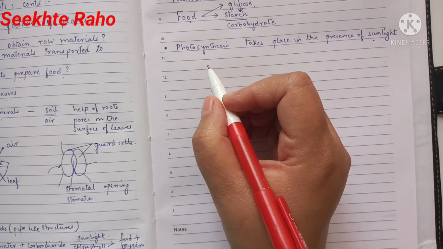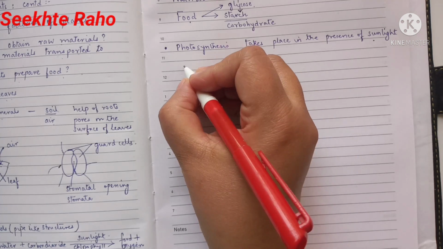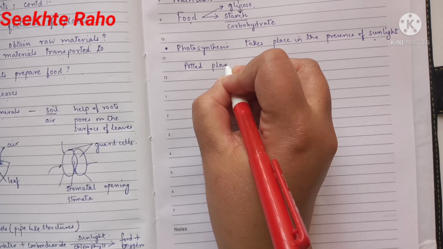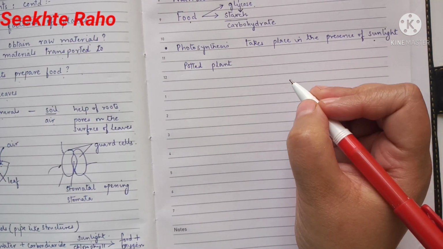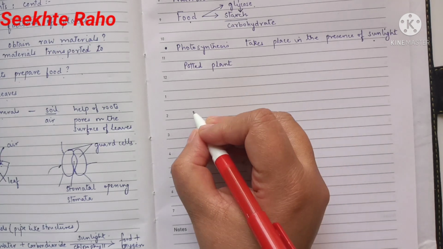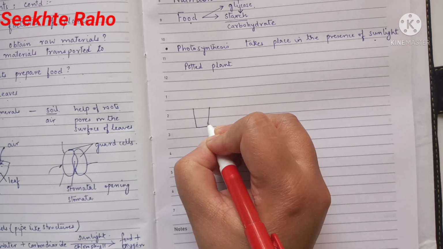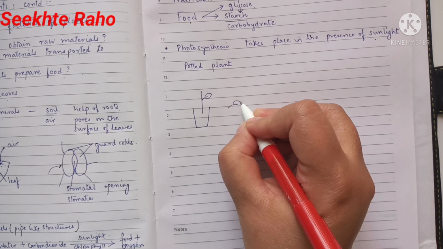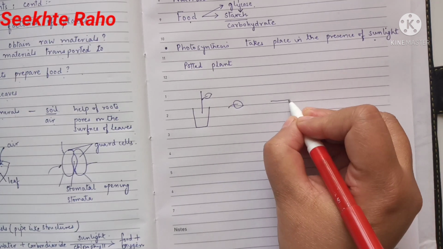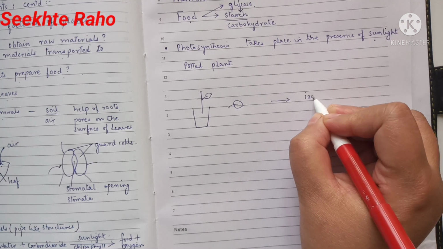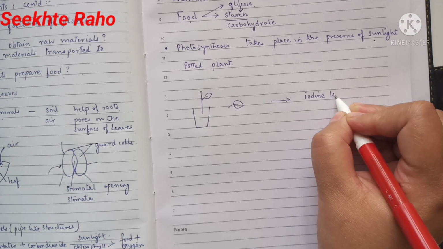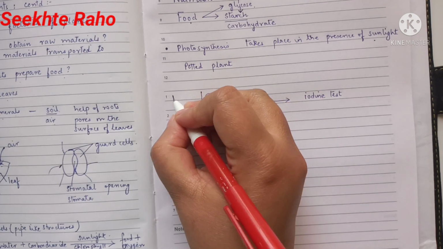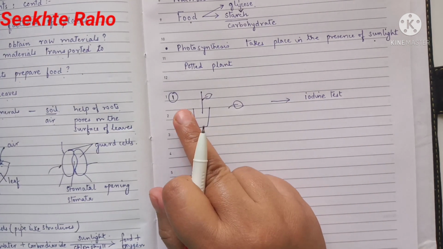Children, for this activity, we need a potted plant. A potted plant is a plant in a pot, right? Now, we will take this plant and pluck its leaf. And then we are going to perform an iodine test with this leaf. This is the first part of the activity.